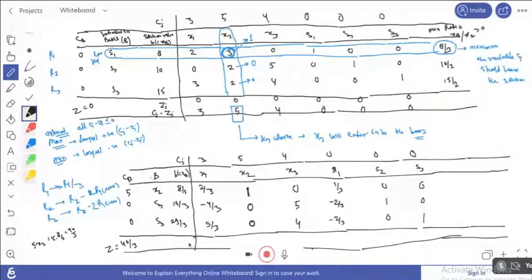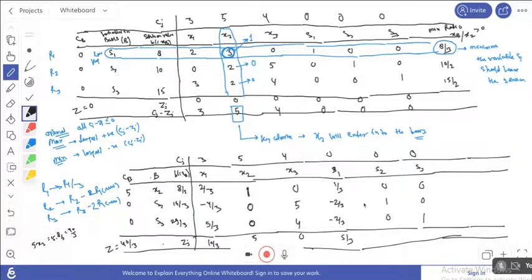Okay, so now we find the value of Cj minus Zj. Zj, if you multiply here, becomes 10 by 3, and here is 5. Here this is 0. If you multiply here, this becomes 5 by 3, corresponding this to this.